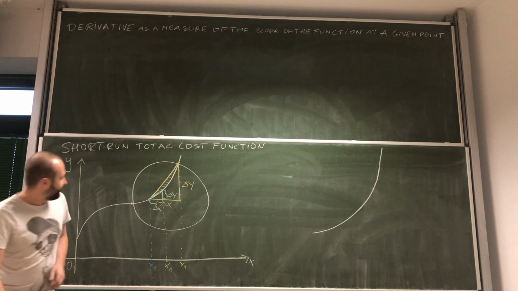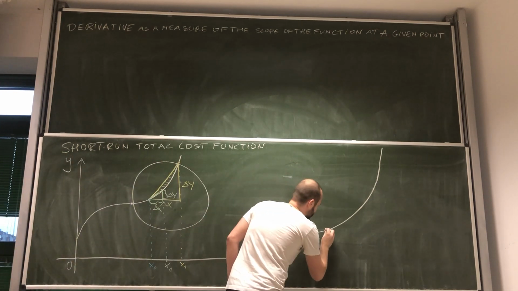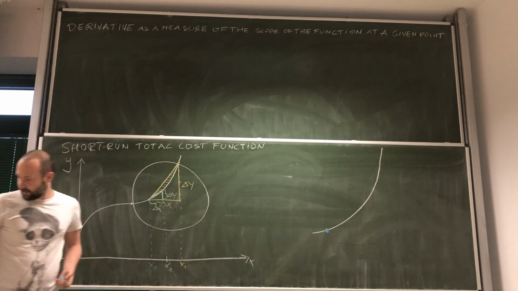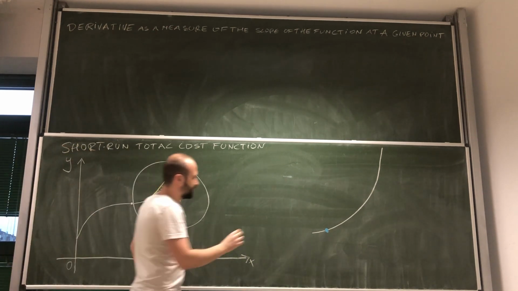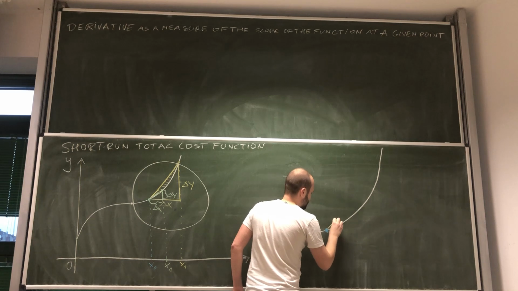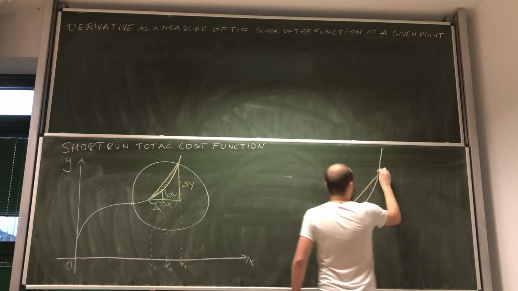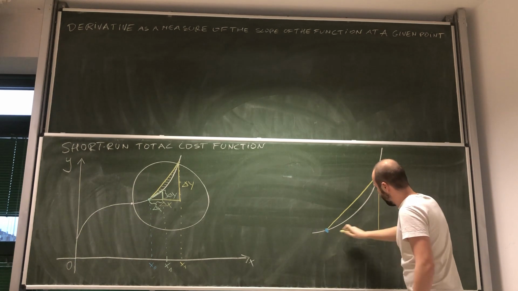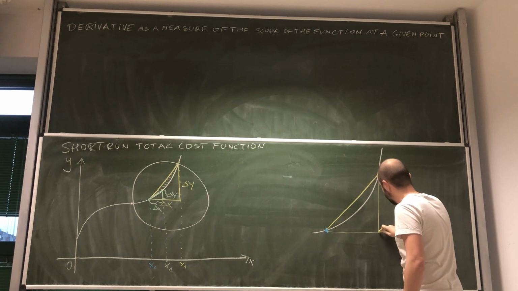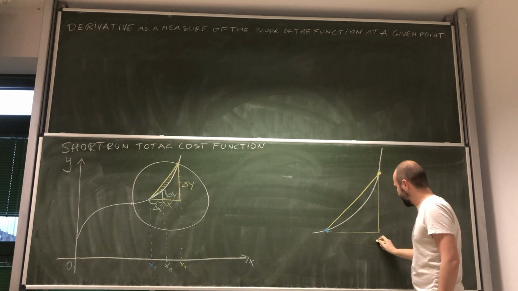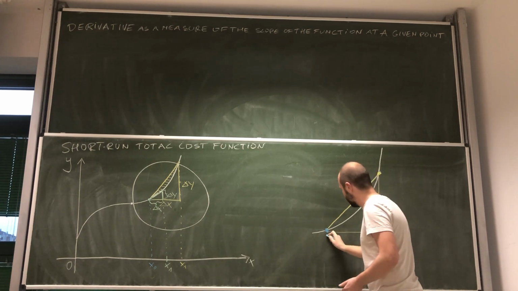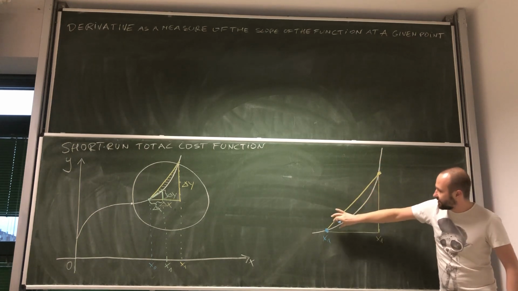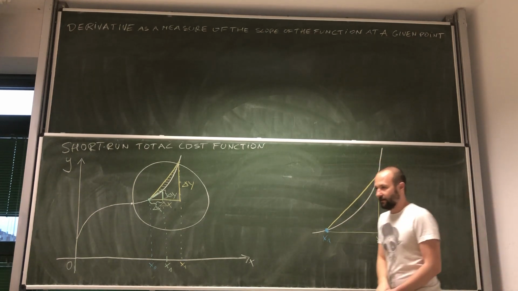That if our starting point was over here, then we had this big triangle leading to the point associated with x1, and here's our x0, and this triangle was characterized by this big measurement error.